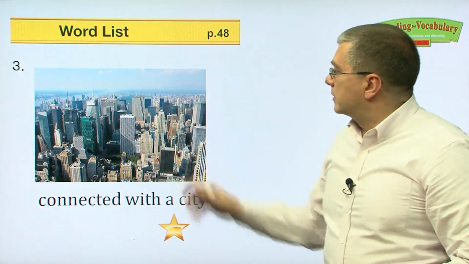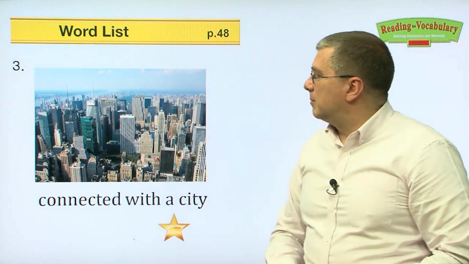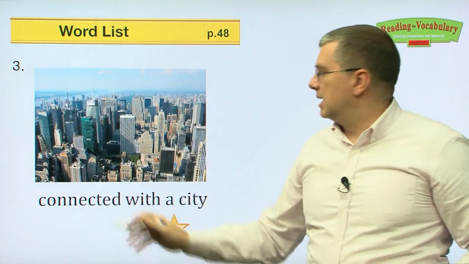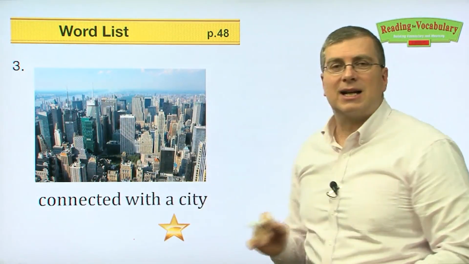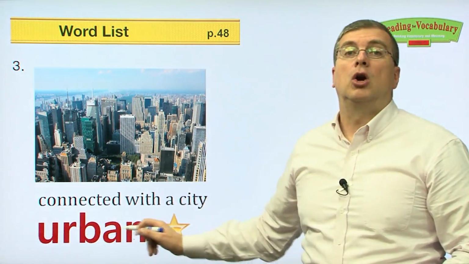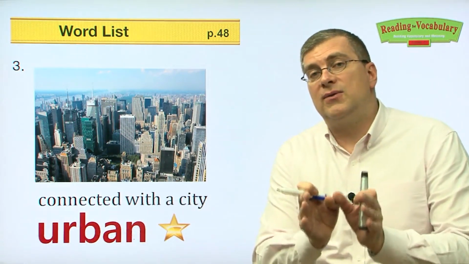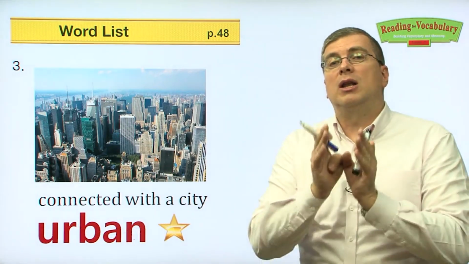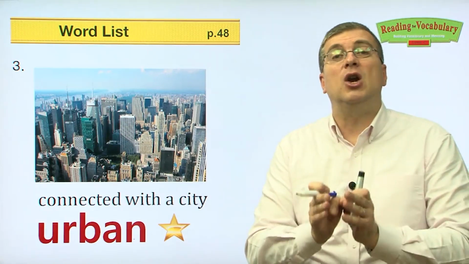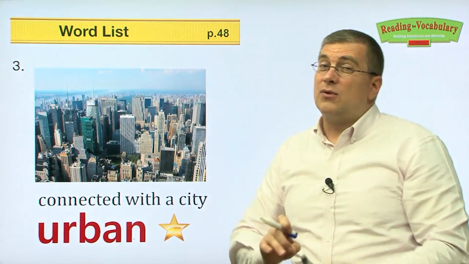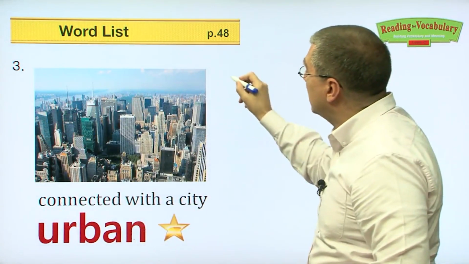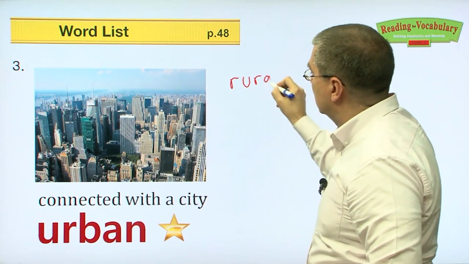Okay, number 3. This is a big city. Looks like New York. Central Park is in the background. But when we talk about all big cities, any big city, connected with a city, we say urban. So if you live in a city, you are living in an urban setting. But if you live on a farm in the countryside, you are living in a rural setting.